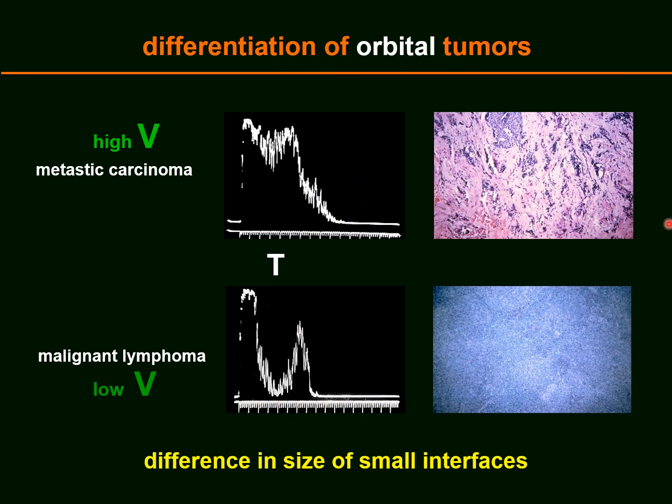And when we look at the histology, we get the explanation. There are larger interfaces in the metastatic carcinoma, much larger than in the lymphoma. So the size of the small interfaces is decisive.